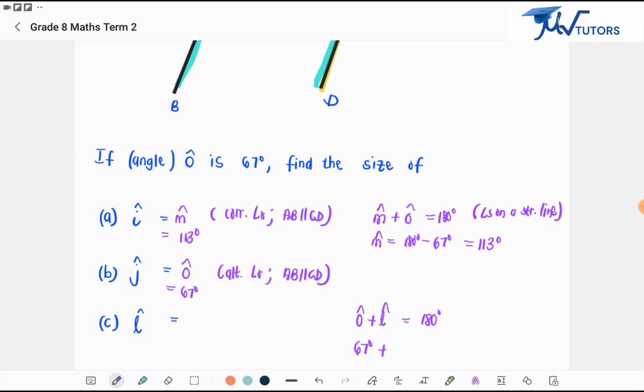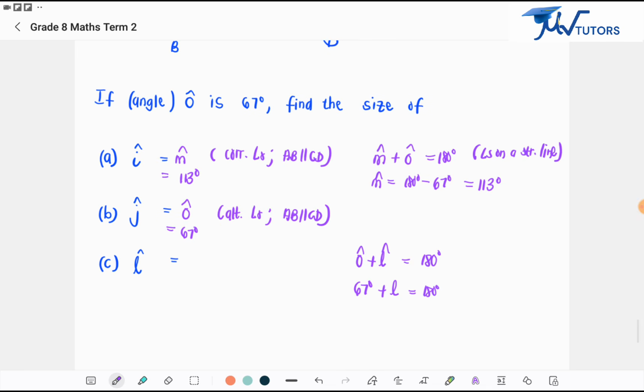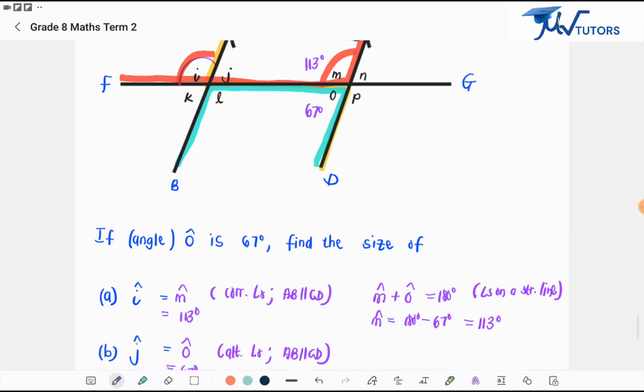I'm going to do this a bit slower. That's 180. So if I want L alone, I'm going to say L is 180 minus 67 degrees, which we have worked out before, and it's 113 degrees. So O plus L is 180. Why? Those are co-interior. That's how you write it. And again, you need to reference the lines that are parallel, which is AB and CD. So L is 113 degrees.